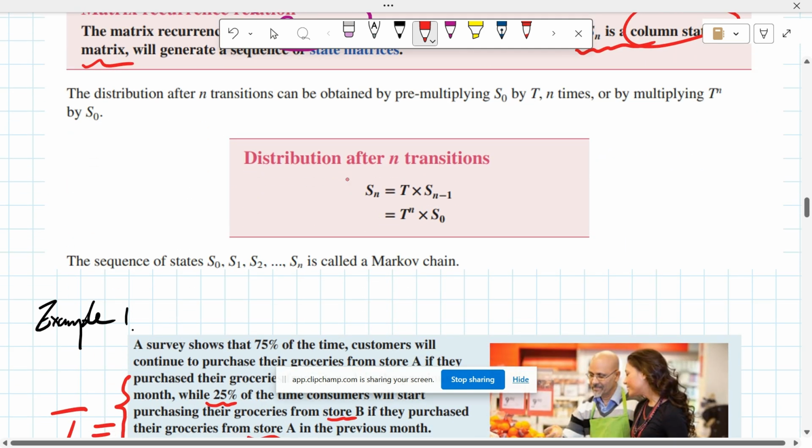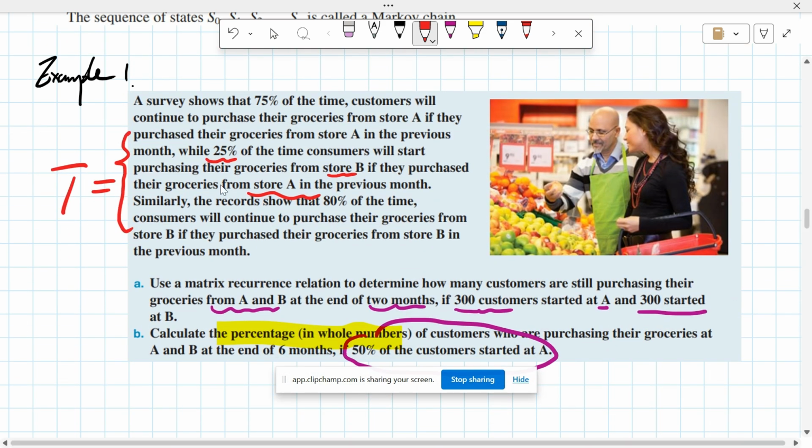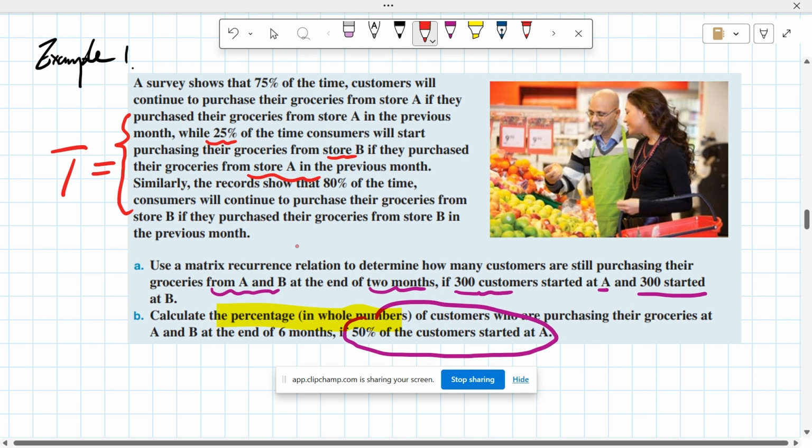The distribution after a large number of transitions is equal to T to the power n multiplied by the initial state matrix. Let's have a look at this question. A survey shows 75% of customers purchasing from A will purchase from A again the next month.